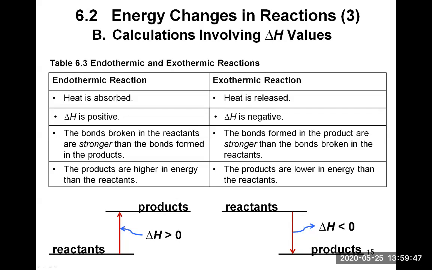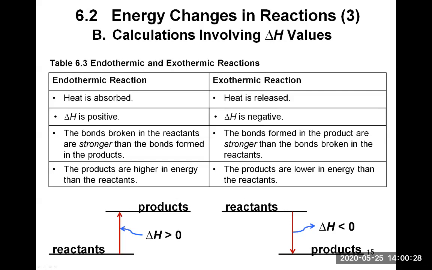That's why it's an endothermic reaction, because you need to provide that energy, symbolized by delta H, and it's a positive value. You need to provide that to the reactant so that they become the product and have a higher level of energy. So you want to remember that it's this case: reactant at a lower level of energy and product at a higher level of energy. And that's because the bonds in the reactant are stronger than the bonds in the product.